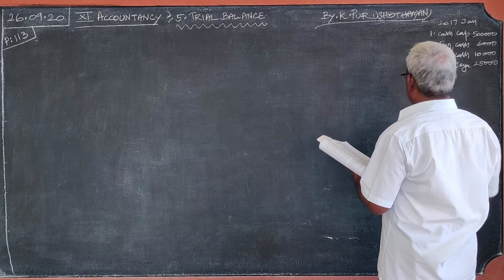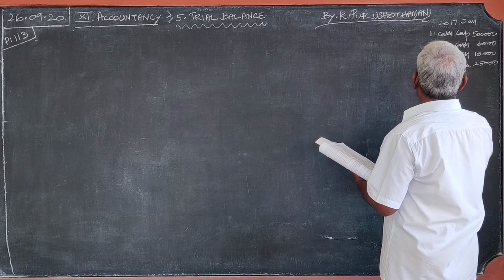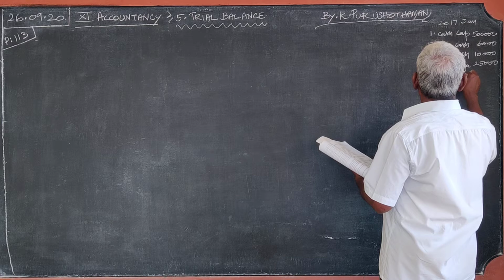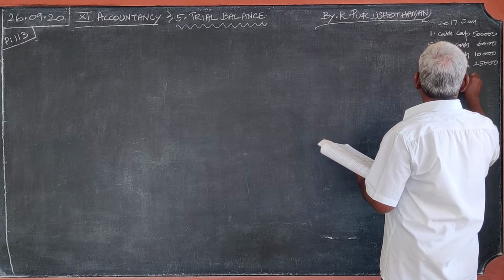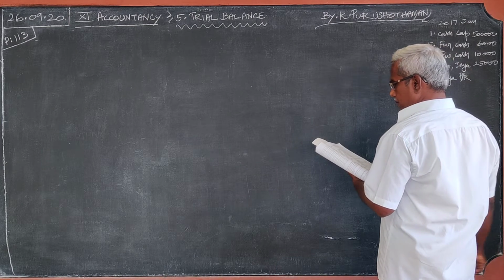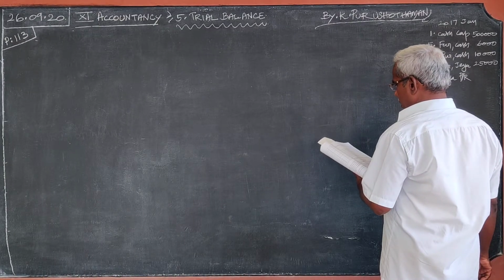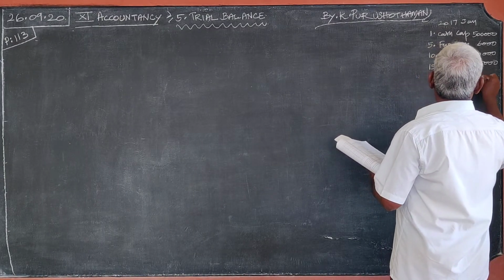Then on 18th, Jayanti, purchases return account. Purchases return account 2,500.